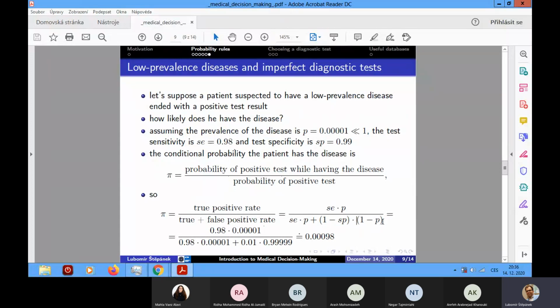If P stands for the prevalence of the disease, then 1 minus P stands for the probability of having no disease. This term stands for the false positive rate.